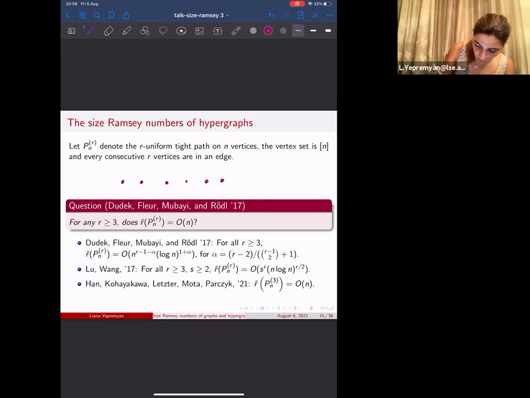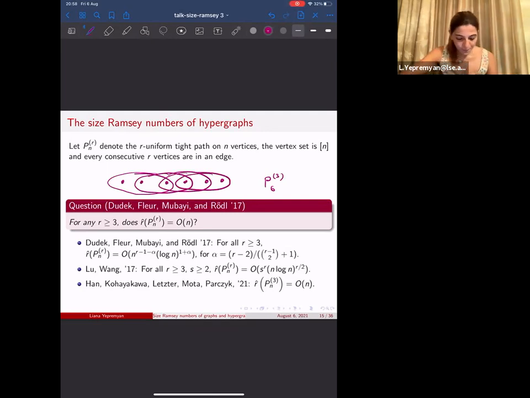For example, this is P6, and if I'm looking at 3-uniformity, then I make every consecutive triple an edge. Okay, so they raised the question whether the size Ramsey number of the tight path P_n^r is linear or not, and they proved some upper bounds.